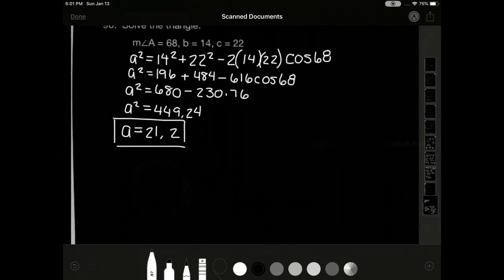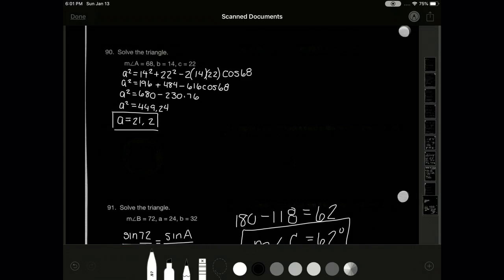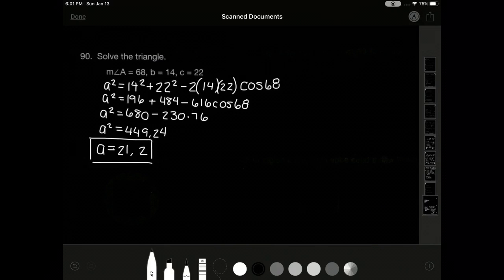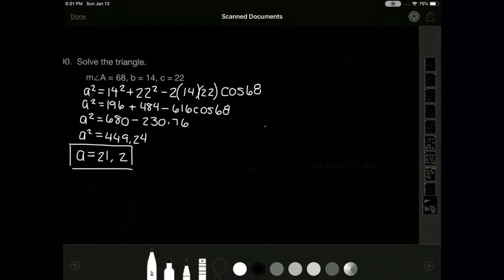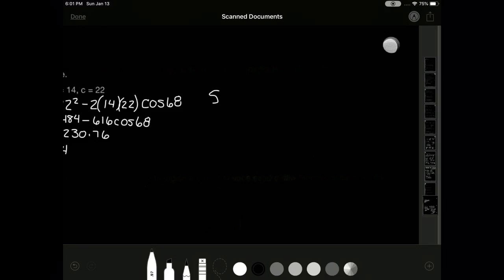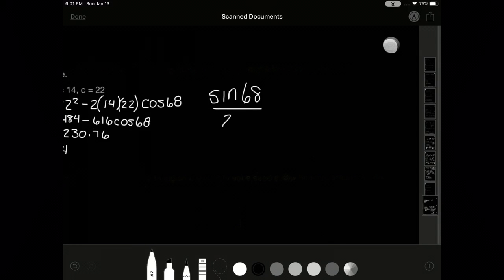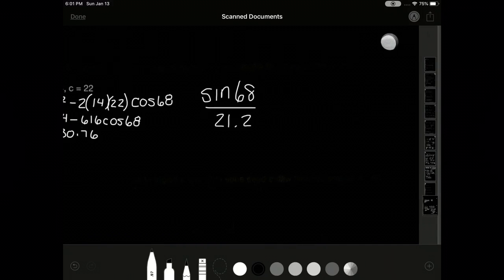Now that we have side A, we can go ahead and use the law of sines to figure out angle B. Right? So we're going to take sine of 68 over 21.2, and that's going to equal sine of B over 14.